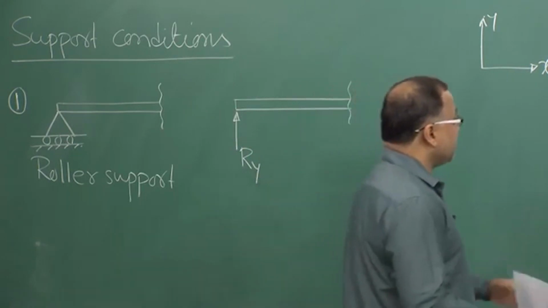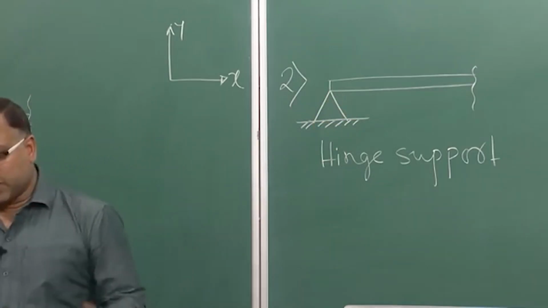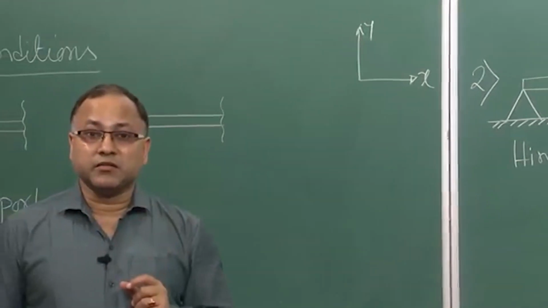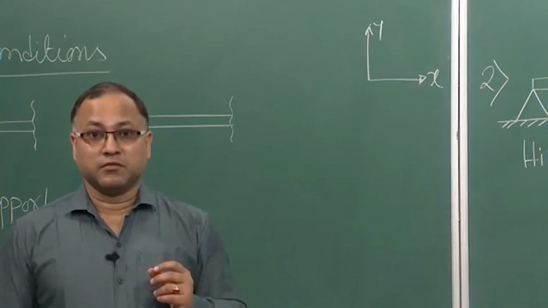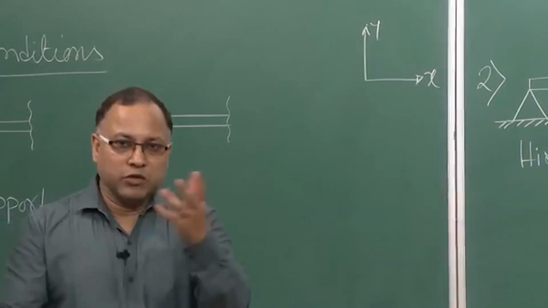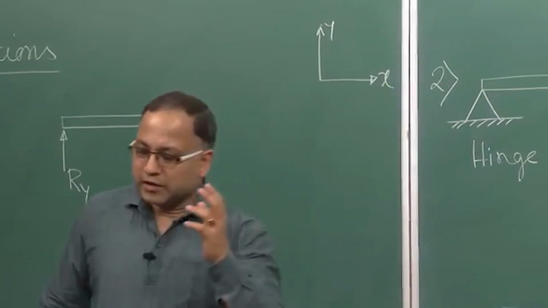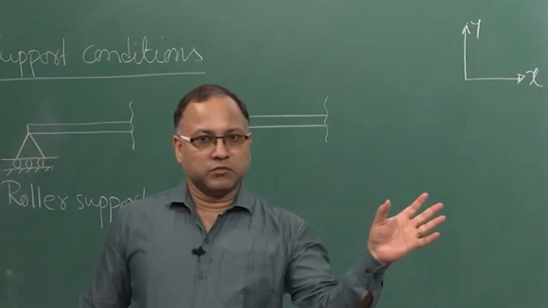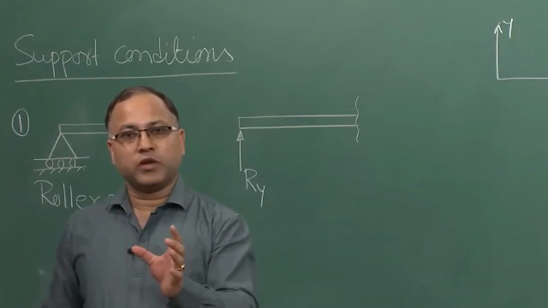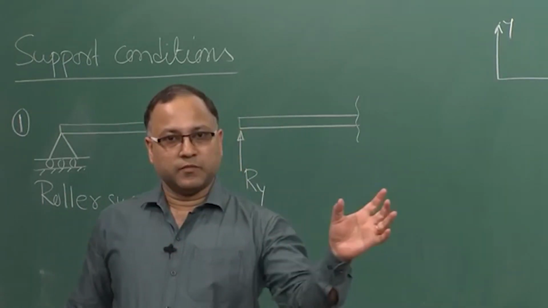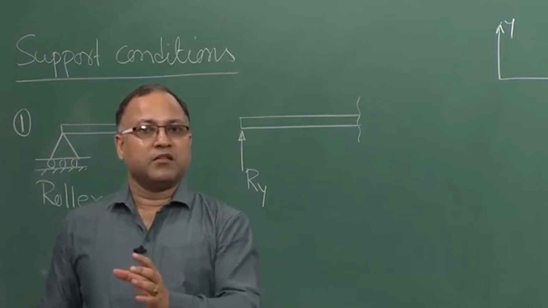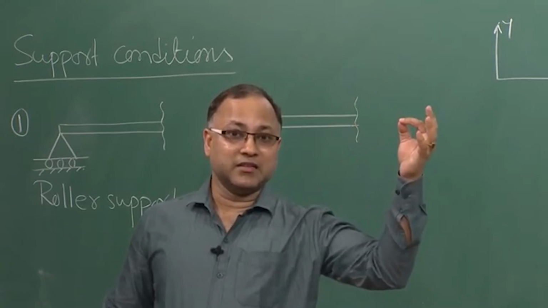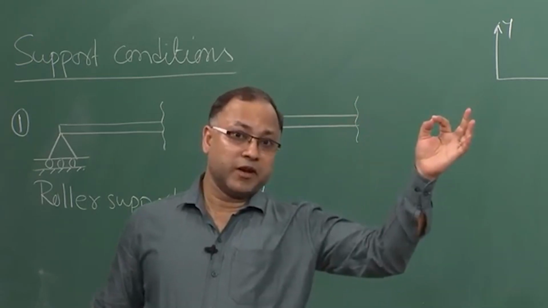So, it restricts the horizontal movement as well as the vertical movement, but what about the rotation? It allows the rotation, right. That is why you generally see this kind of support in a door. If you want to open or close the door, it can be rotated with respect to the hinge at the end, which is attached to the door frame.